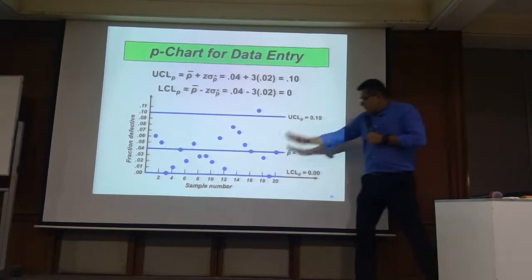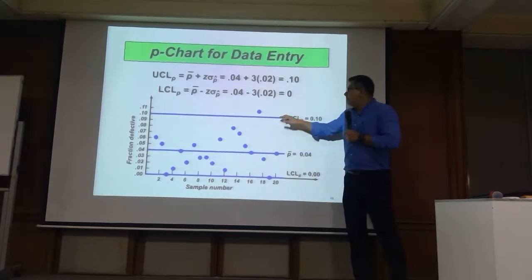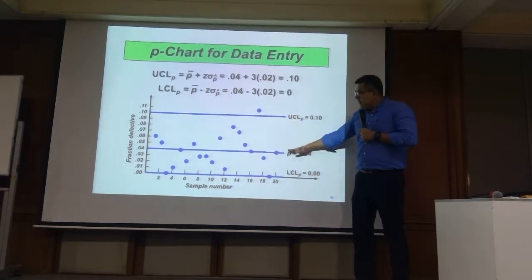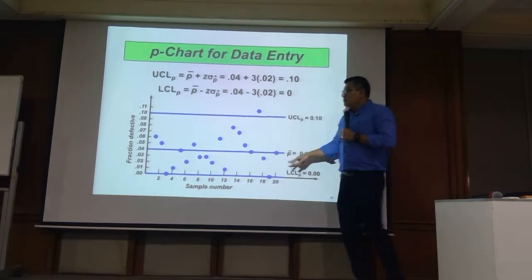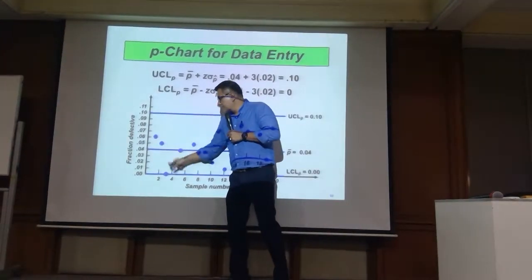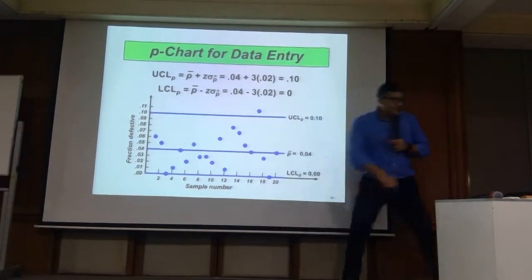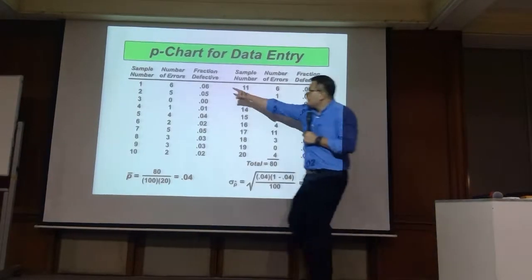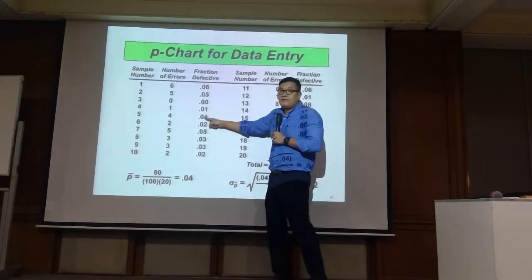So then you have lower control limit 0, upper control limit 0.1. The mean, p bar, is 0.04. You're plotting the fraction, right? This is the value that you're plotting from here: 0.06, 0.05, 0, 0.01, 0.4, something like that.